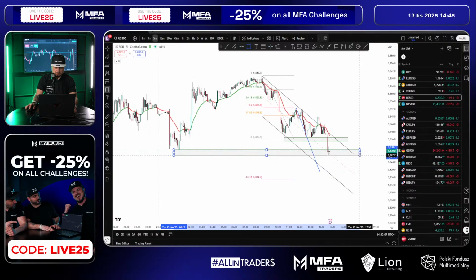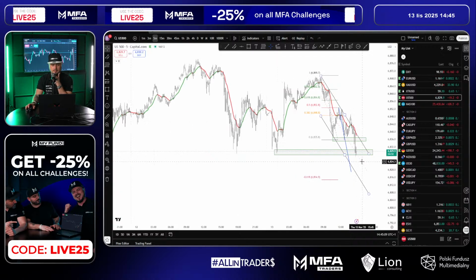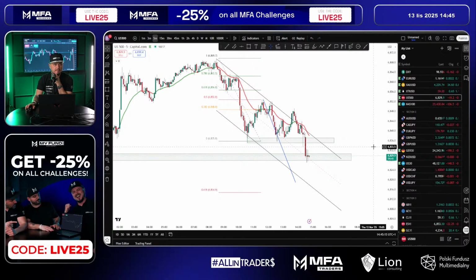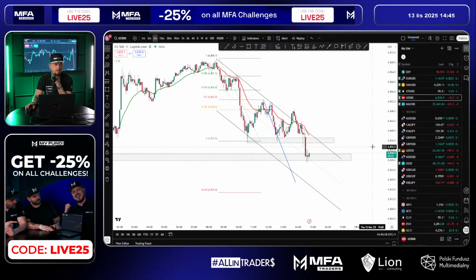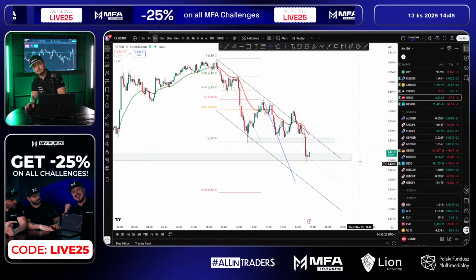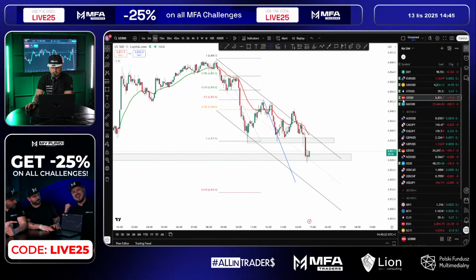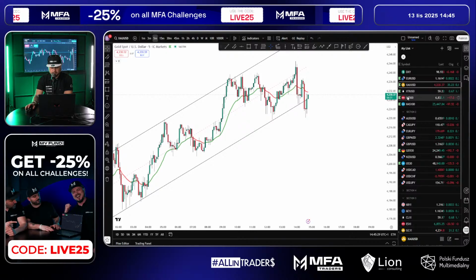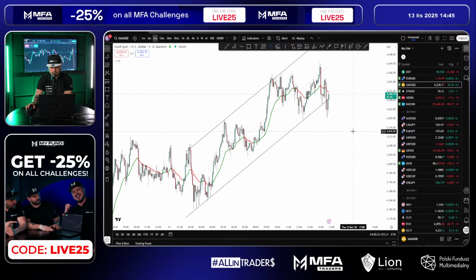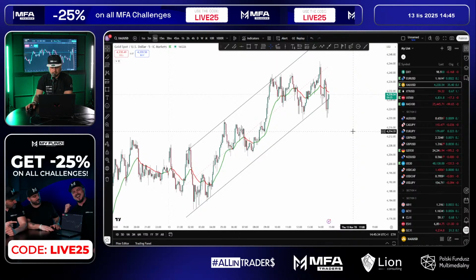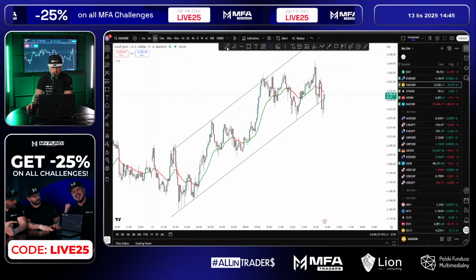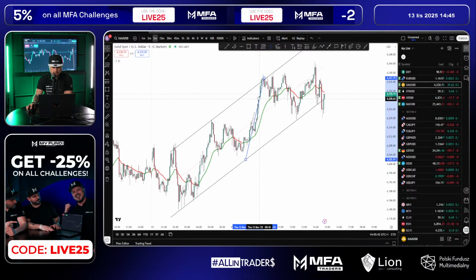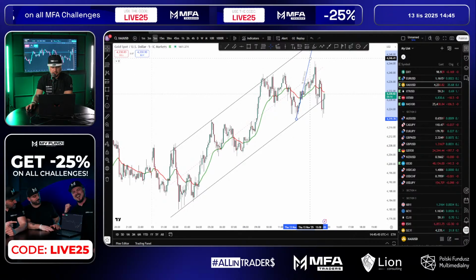Over here, there is also some support zone. The price may reverse, we will see. One second, we got first leg measure move, we got second leg, and the third leg is not done.